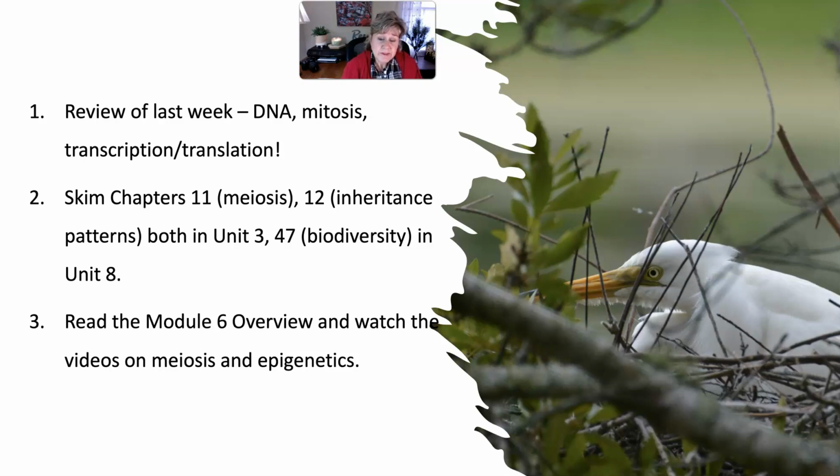Chapter 12 is about inheritance patterns, especially Mendelian genetics, and that just means studied first of all by Gregor Mendel, who was a monk who studied pea plants, and he figured out things like recessive and dominant traits and how many copies of each trait were in a cell.